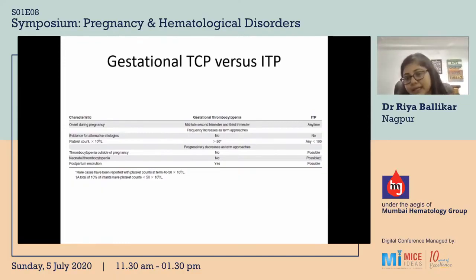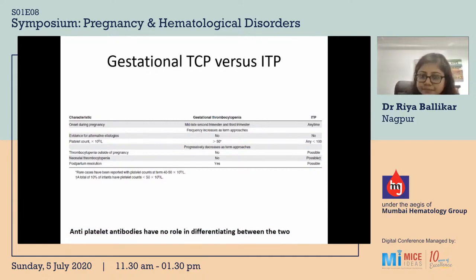ITP, on the other hand, can be pre-existing to the pregnancy, or it can develop later in the pregnancy. Mostly, we pick it up in the first trimester itself. Very important to remember here is that the platelet counts of the baby can drastically fall, and the baby can suffer from bleeding. So that is why it is important for us.